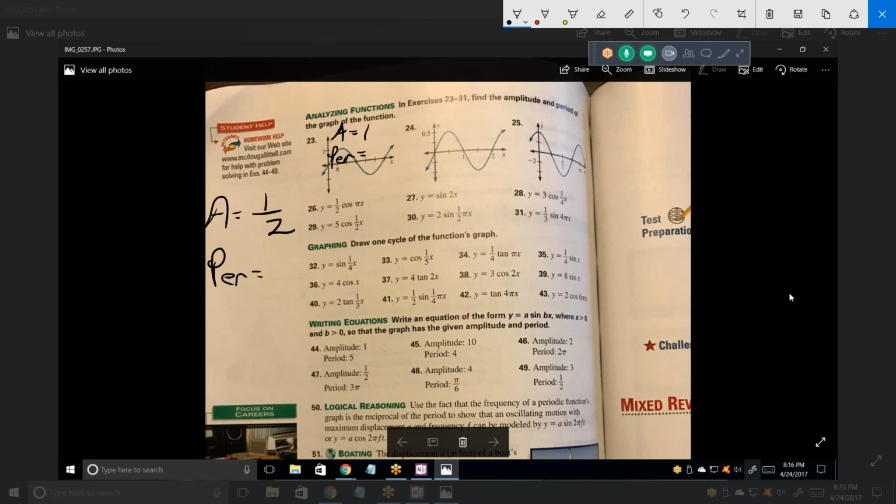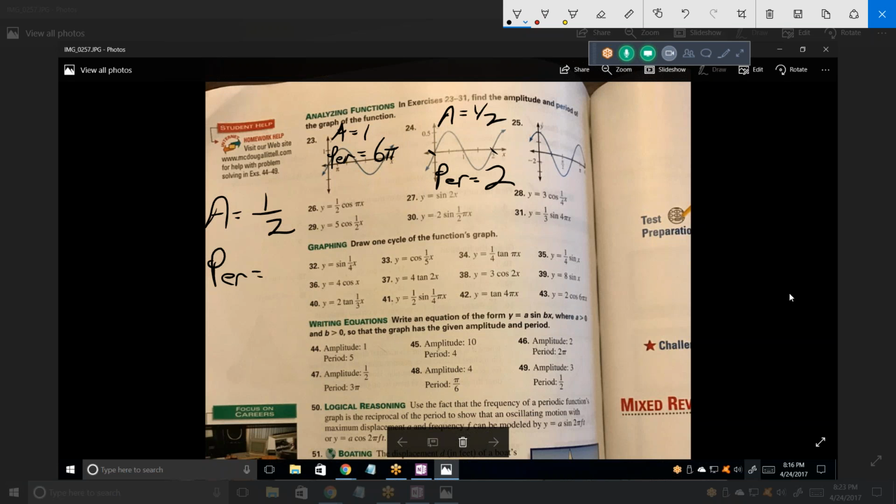On 24, A is 1/2. And then the period would be 2. Just read it off the graph. Go from there to there. Now, we're not used to periods being numbers.